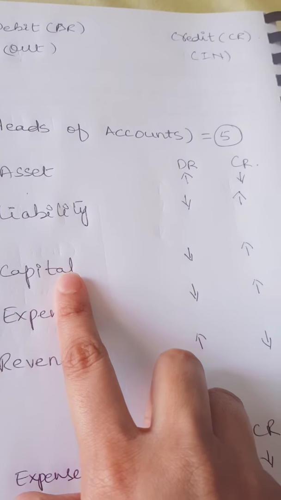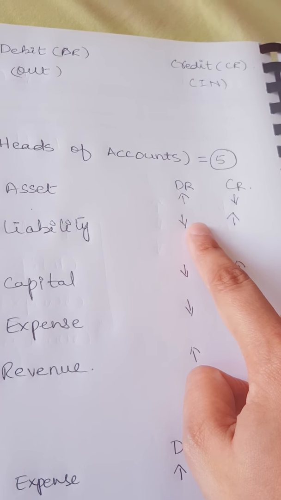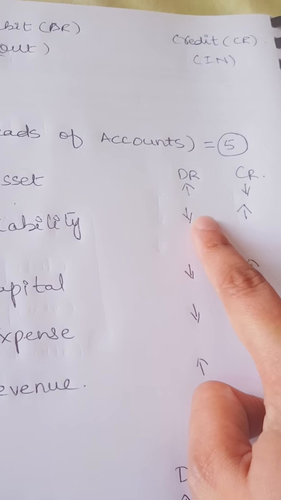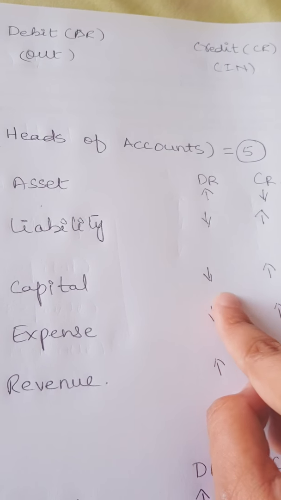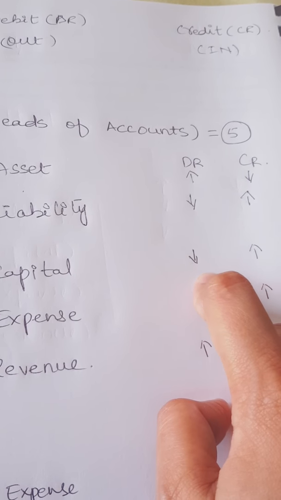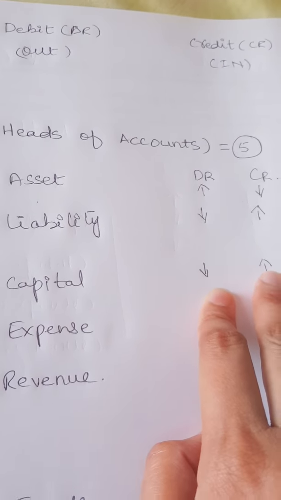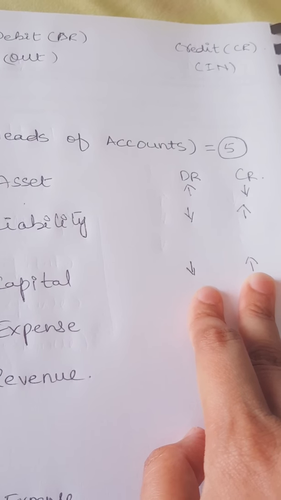Talking about capital, it behaves and is recorded in the same way as liability. When our capital decreases, it is recorded on the debit side, and whenever our capital increases, it is recorded on the credit side.